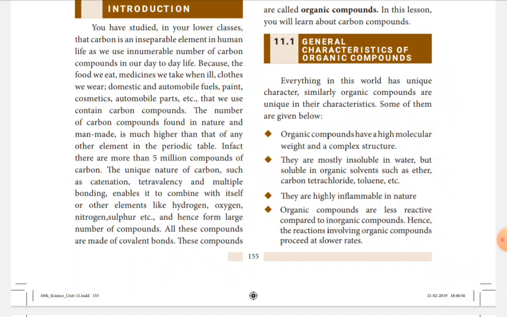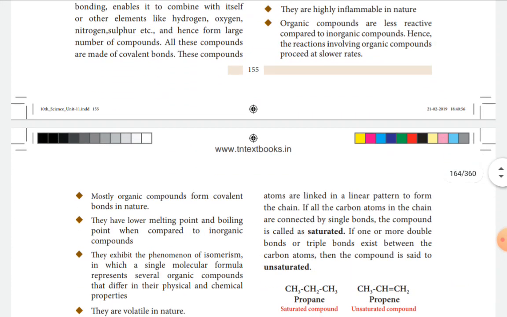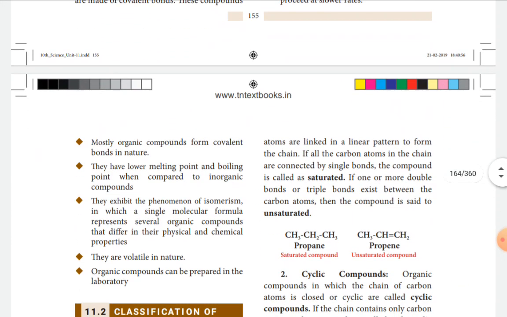Next, they form covalent bonds in nature, and their melting and boiling points are low, and they possess the property of isomerism. A single molecular formula represents several organic compounds.